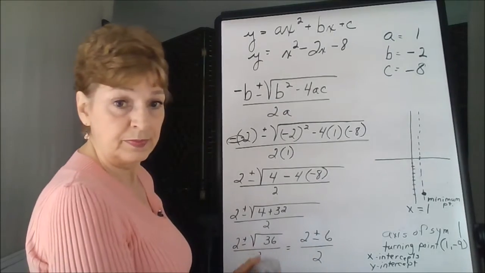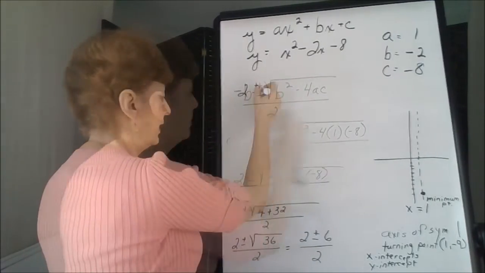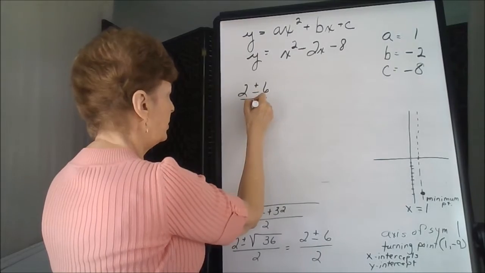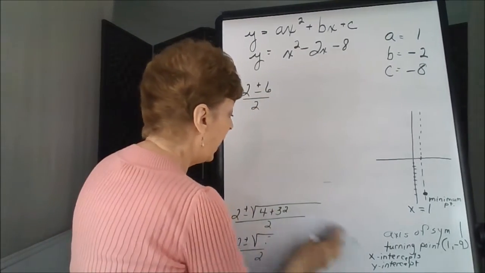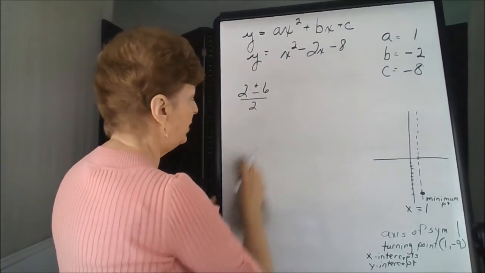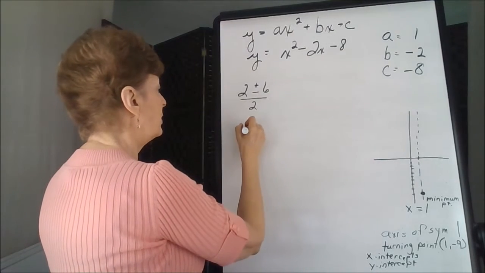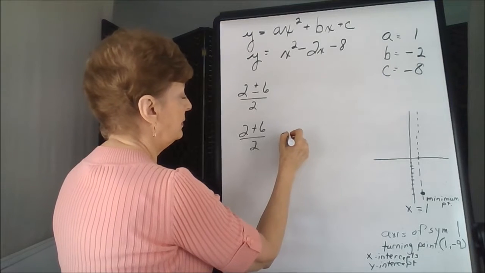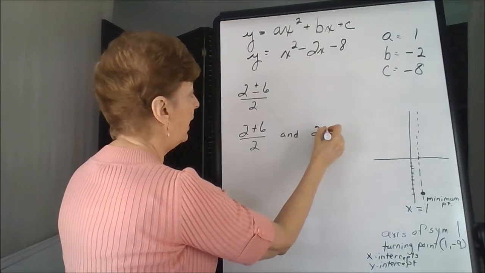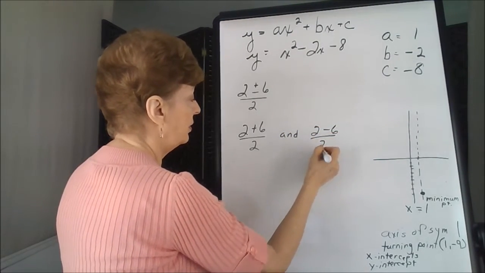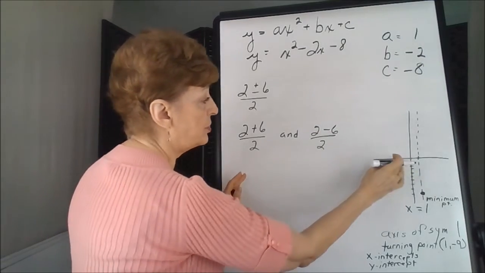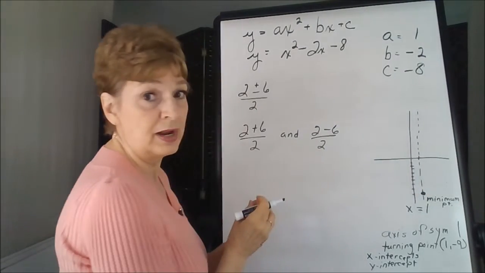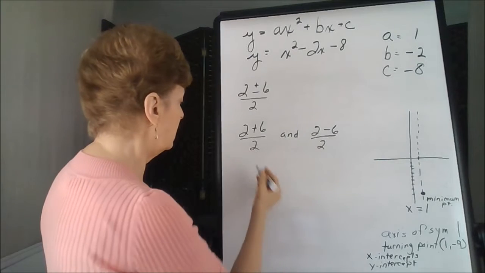All right, now I need just some board space. We now can separate that into 2 different problems, 2 plus 6 over 2 and 2 minus 6 over 2. This is going to give us our 2 roots, our 2 places on the x-axis where the parabola crosses.